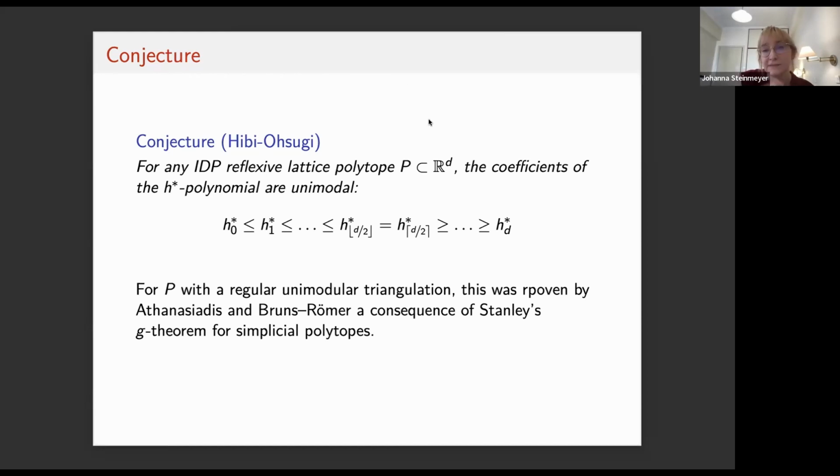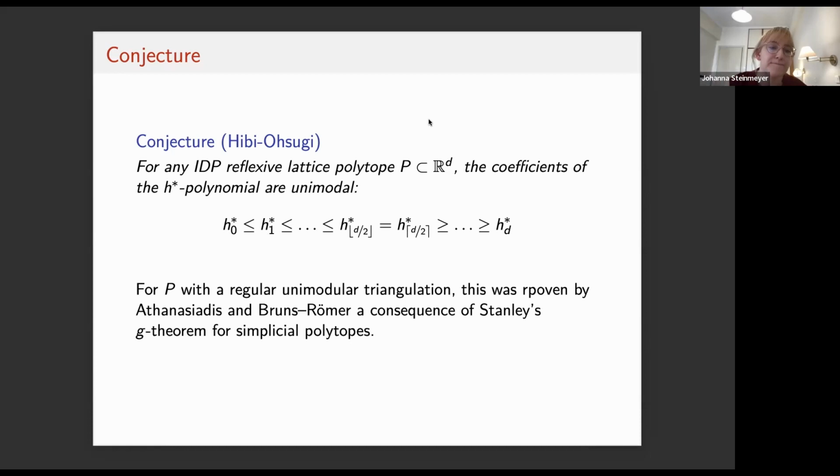And for a reflexive polytope, what you can do is have the h star vector of the polytope exactly equal to the h star vector of the boundary, if you view it as a complex of lattice polytopes.